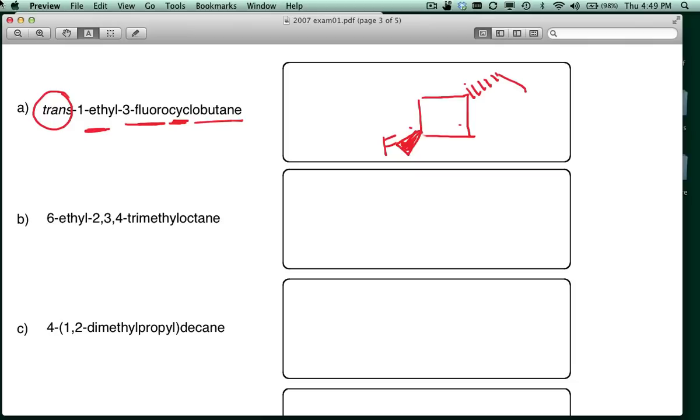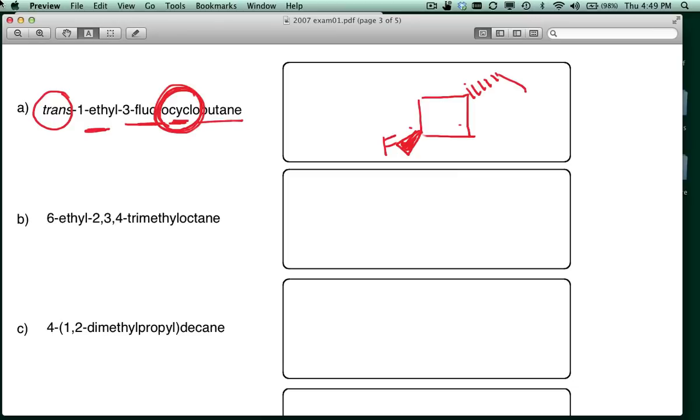So those are on opposite sides of the ring, the trans molecule. Okay? Number one thing I see also people making a mistake is in either naming something or drawing a structure is missing that, missing cyclo. So don't forget about that.